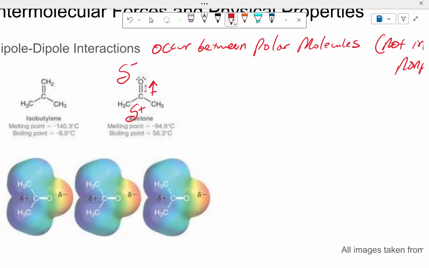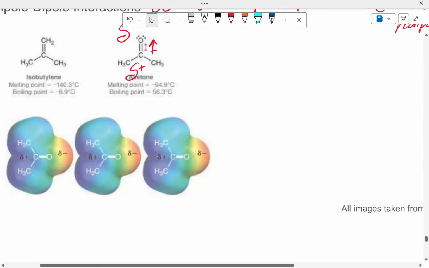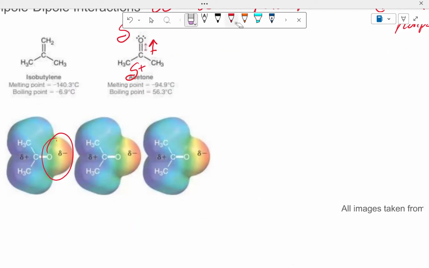Well, when one acetone molecule interacts with another, that negative end is attracted to the positive end. And then the negative end of that one is attracted to the positive end of the next one, and so on and so forth.